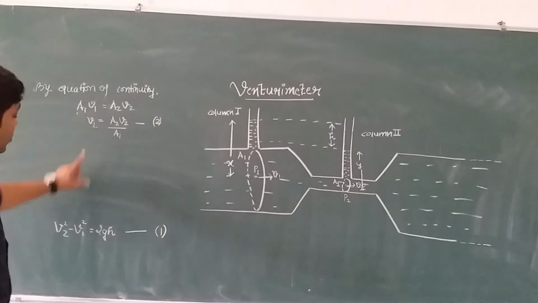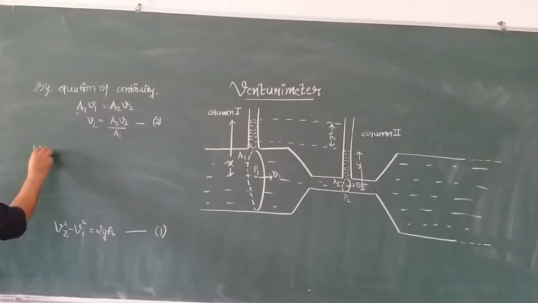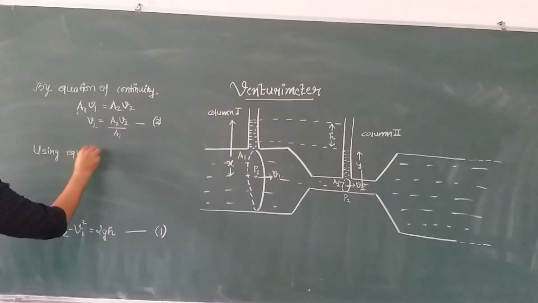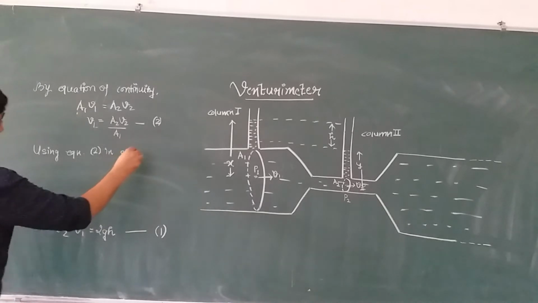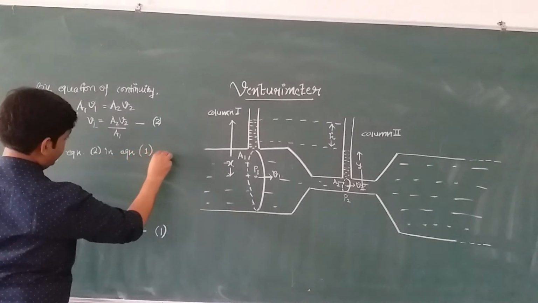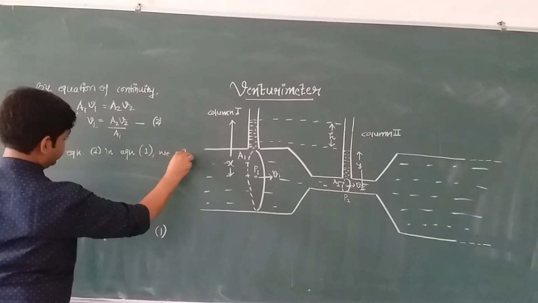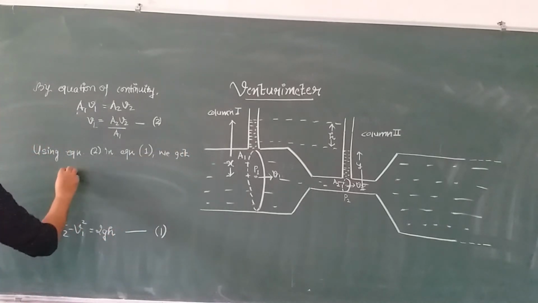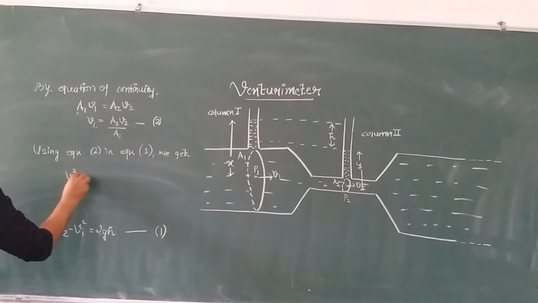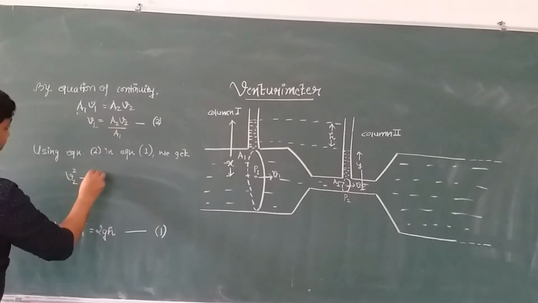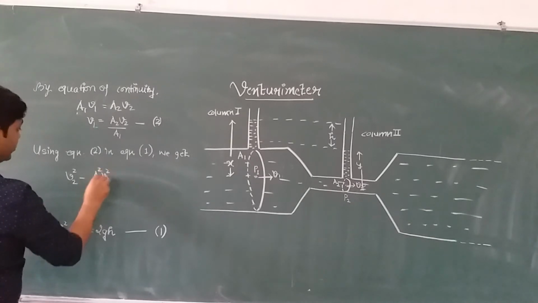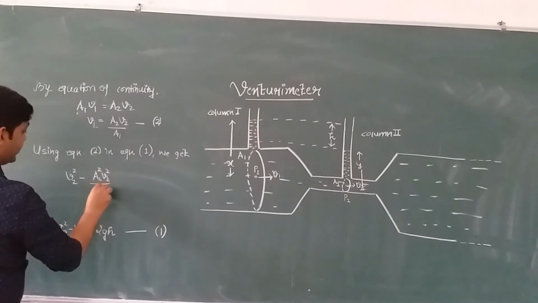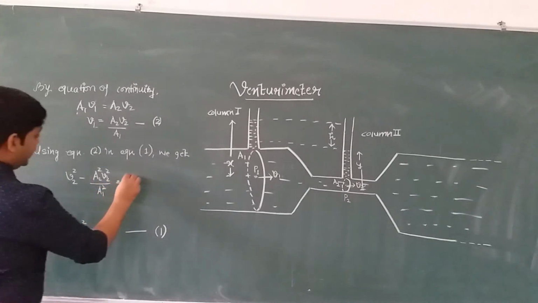Now using equation 2 in equation 1, what do we get? V2 square minus V1 square, we will put the value of V1, so we will have A2 square V2 square upon A1 square is equal to 2gh.